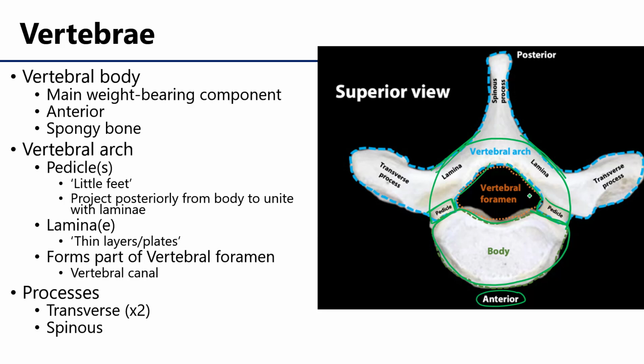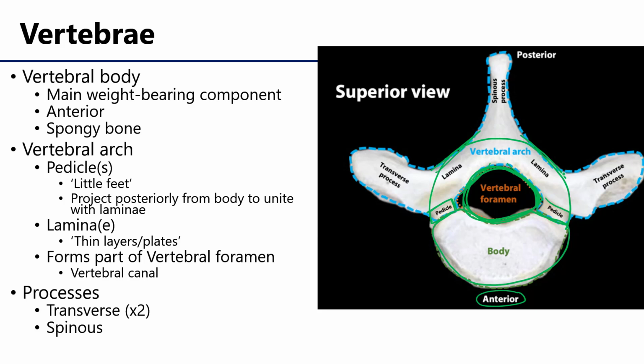So the laminae, pedicles, and body are going to surround the vertebral foramen. And those vertebral foramen or vertebral foramina will align to form the vertebral or spinal canal. That's where the spinal cord lives. Now, coming off of that vertebral arch are going to be two different types of processes.